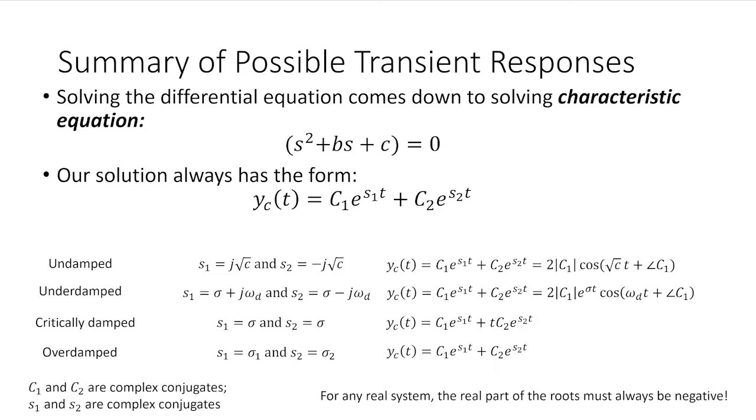That's based on what the specific roots of the characteristic equation are. Those roots determine whether it looks first order or second order. I'm not going to say a whole lot about that. That's something you'll deal with in later classes, when you take Controls and Systems 2.